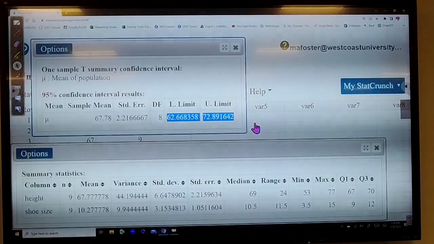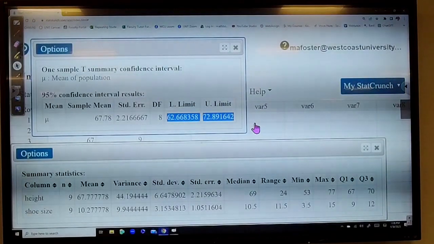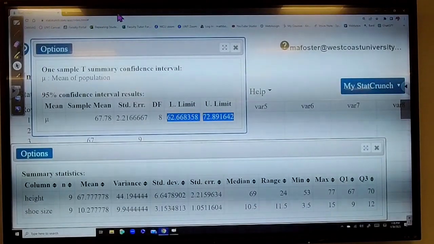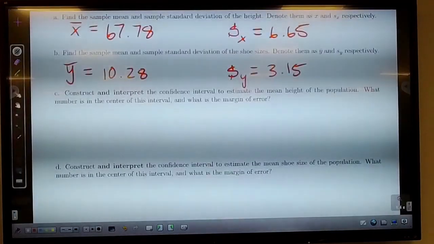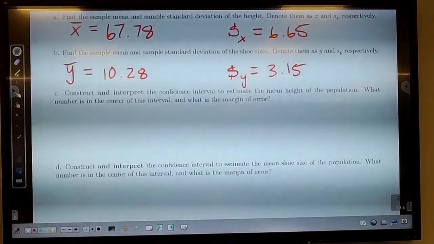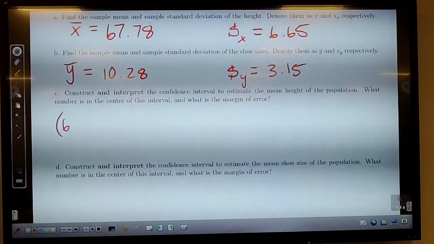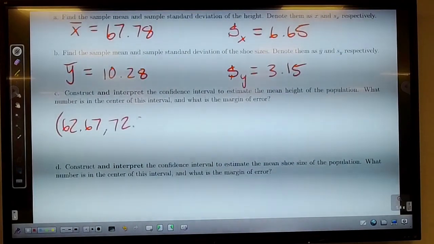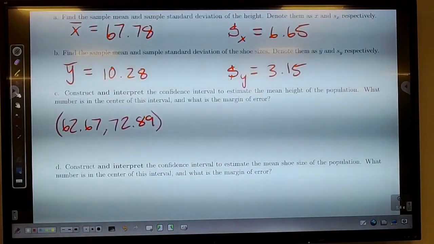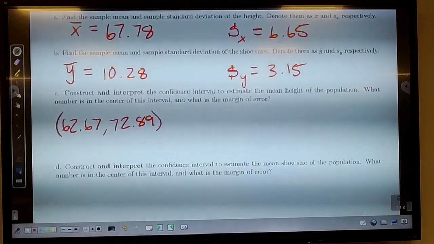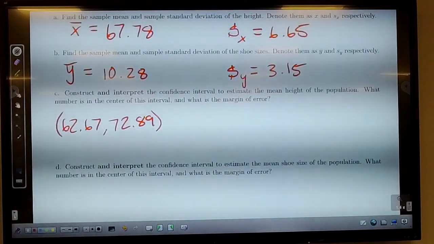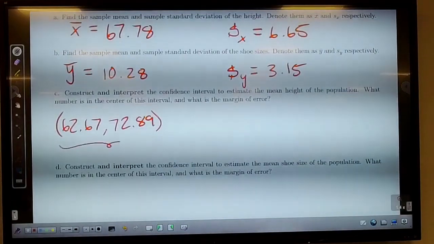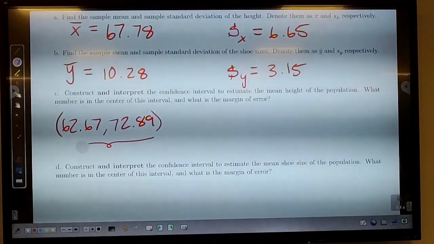So just to 2 decimal places again, I can get my lower and upper limit for the height. So I'm 95% confident that whatever the average population height is, that it's somewhere between these two numbers.